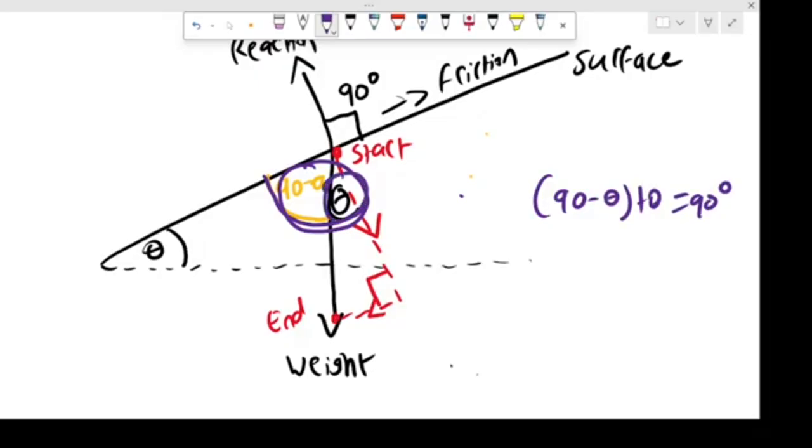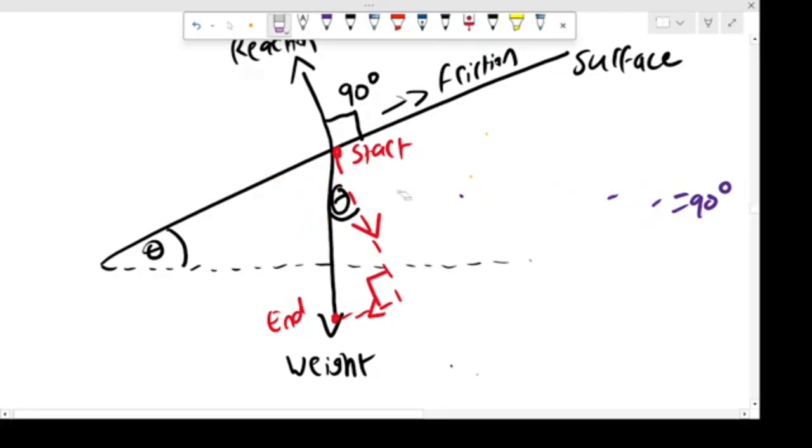So therefore this has to be theta as a result. And that will always be the same. So when we set up these problems, this will be the angle theta here for this reason. So there we are, we can split up the weight.